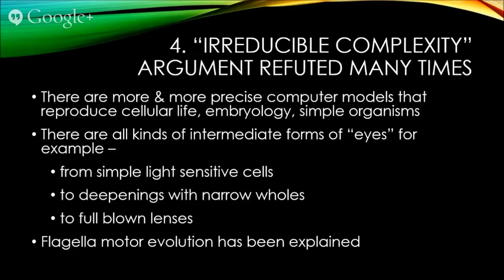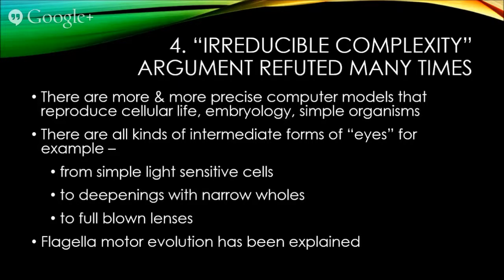And if we take, for example, the eye, we see a lot of intermediate forms from very, very basic light-detecting cells to very, very complex eyes with lenses, with intermediate forms like deepenings with narrow holes to see the light.